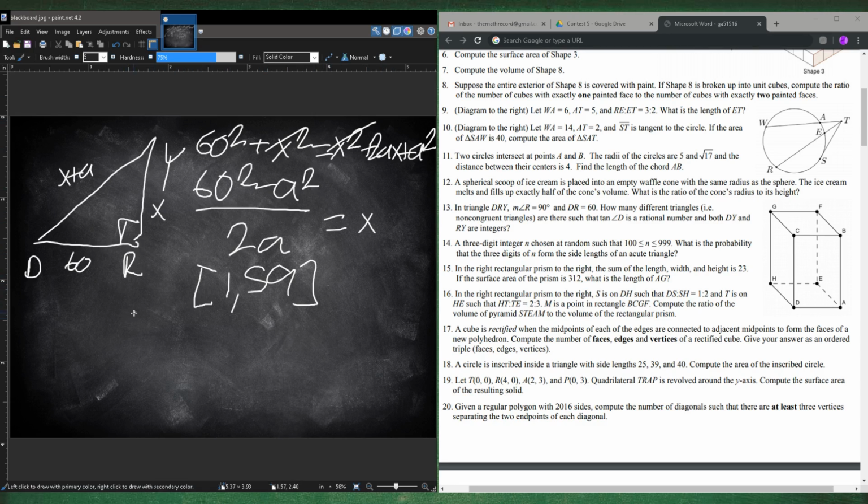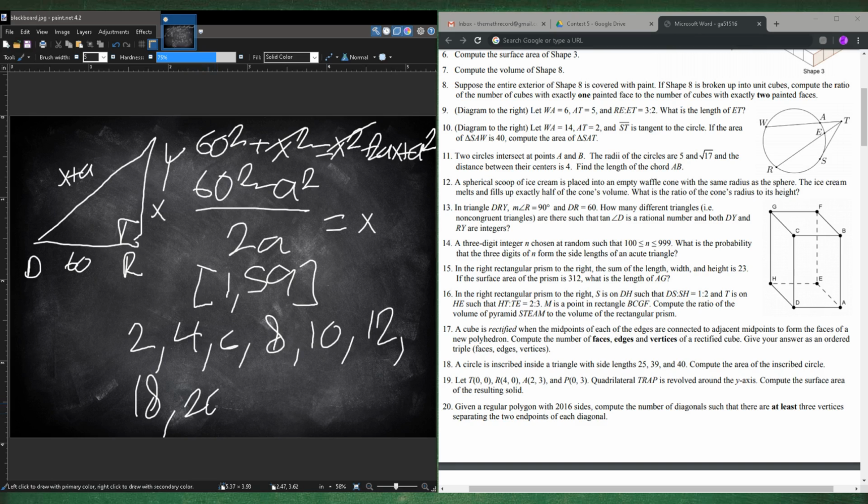So plugging in the values, a could be 2, 4, 6, 8, 10, 12, 18, 20, 24, 30, 36, 40, and 50.